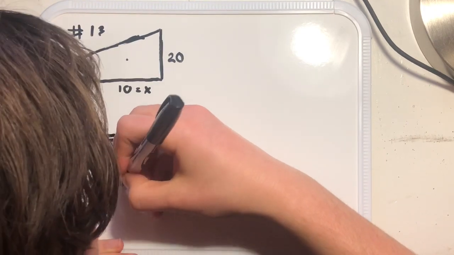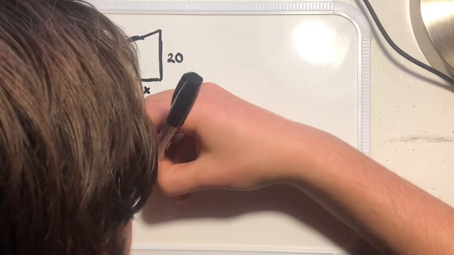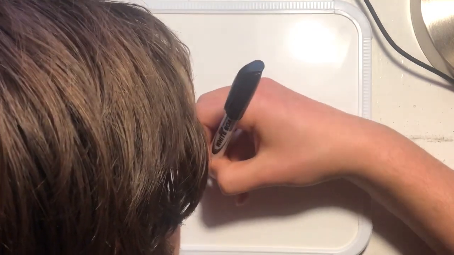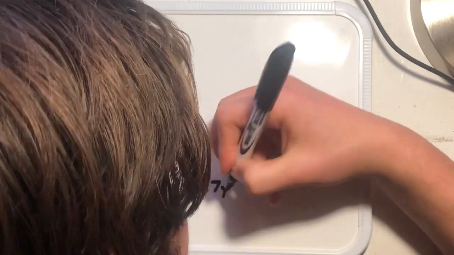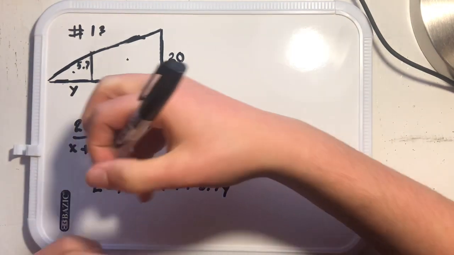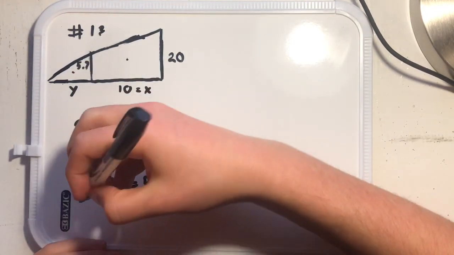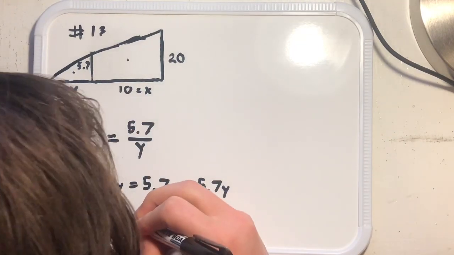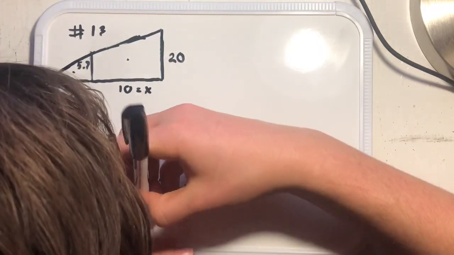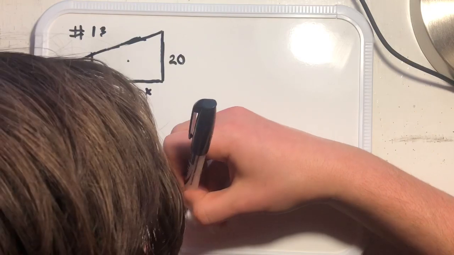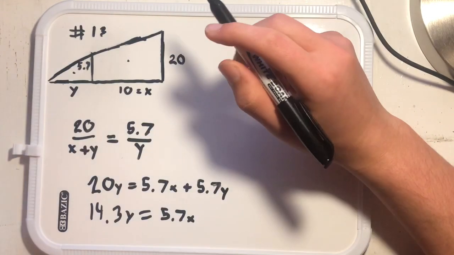20y equals 5.7x plus 5.7y. And now we're going to solve for y. I'm going to subtract 5.7y over and get 14.3y equals 5.7x.